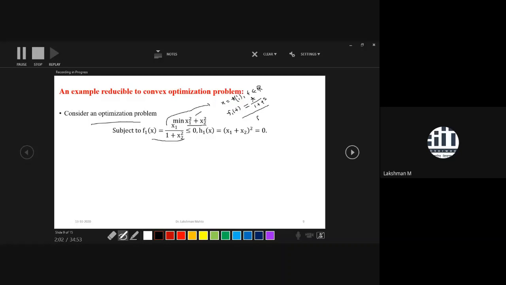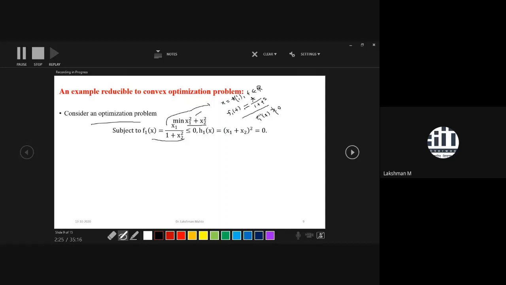Find the second derivative of this one. If the second derivative is not greater than or equal to 0, then you will claim that this function is not a convex function. Easily you can find the second derivative as well. So if it is not greater than or equal to 0, you will claim that your constraint function is not a convex function.